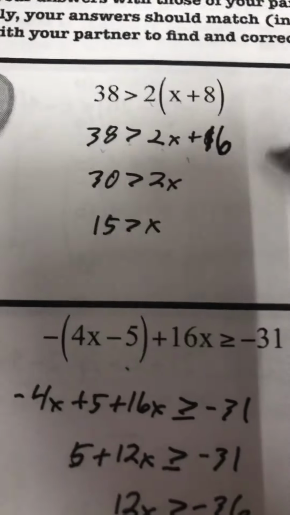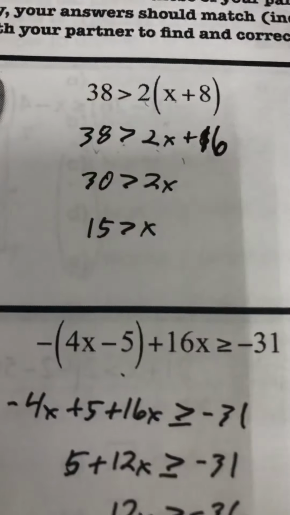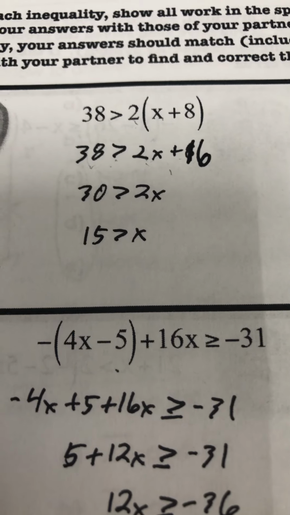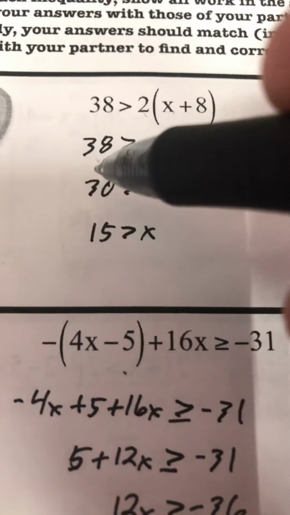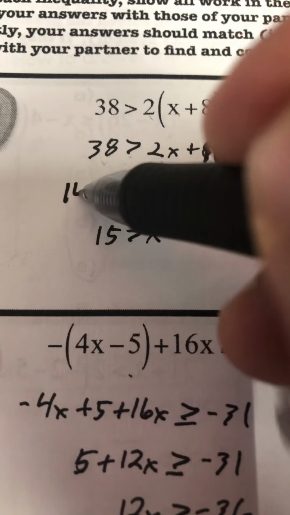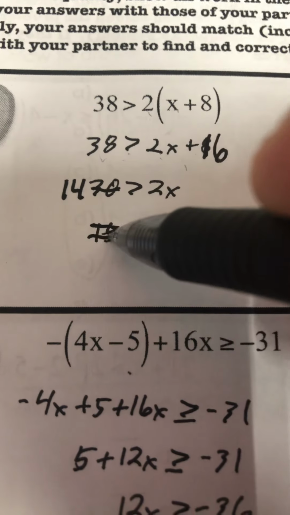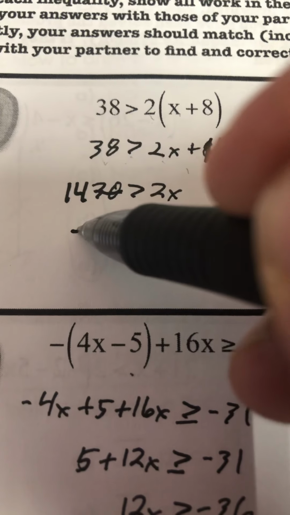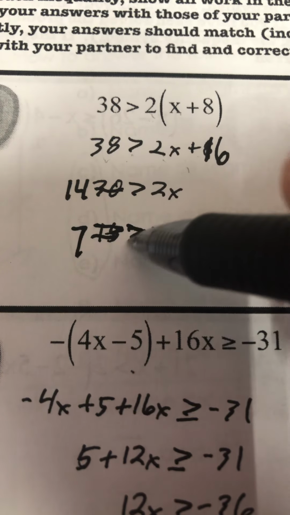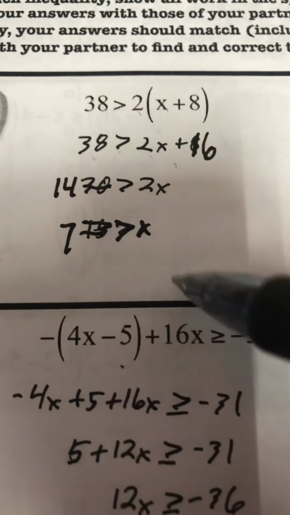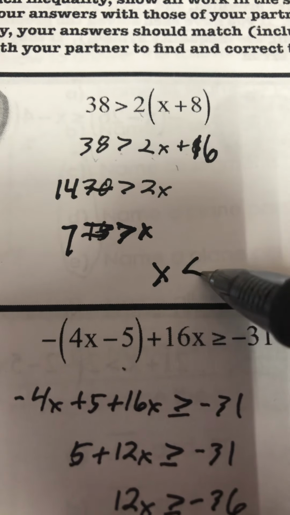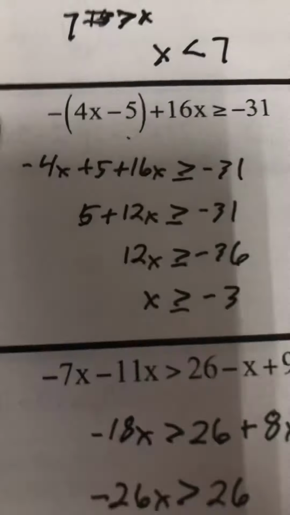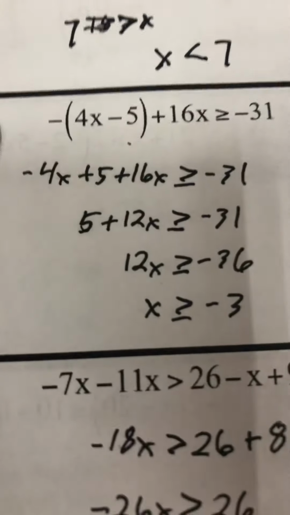Okay, so then I take 30 minus 16 and should have 14 over here. And then 14 divided by 2 should be 7. 7 is going to be greater than x. If you want to flip this around, x would be less than 7, in other words. Okay? All right. Hopefully we don't find any more mistakes.